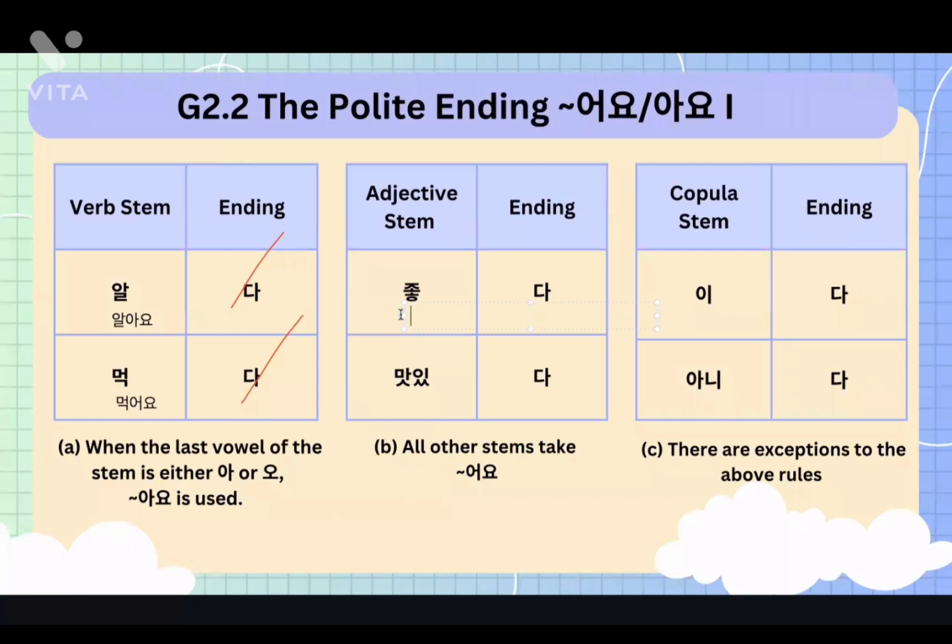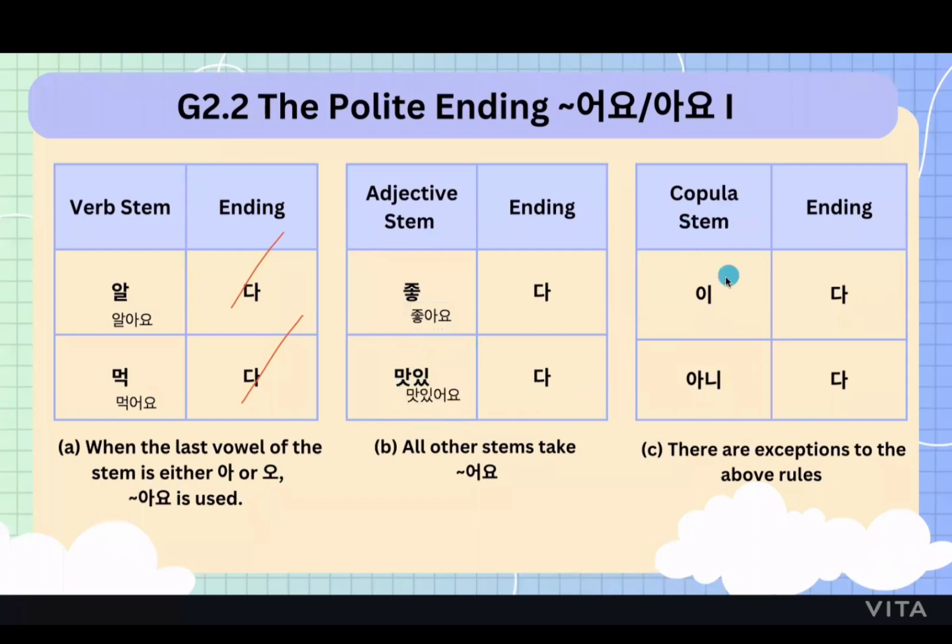The last vowel here is 오, so 좋아요가 돼야겠죠. Then what about 맛있다? This sound is not 아 or 오, this is 이. So other stems take 어요. 맛있어요.